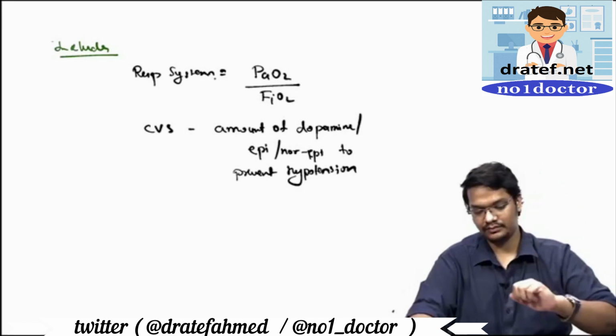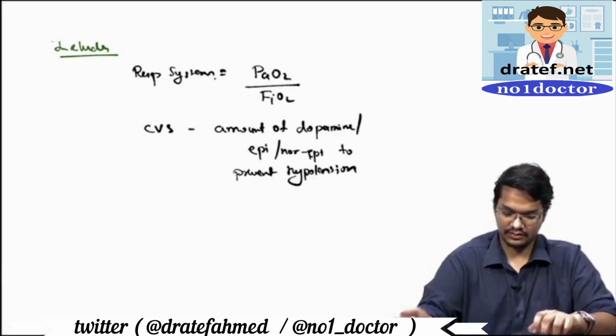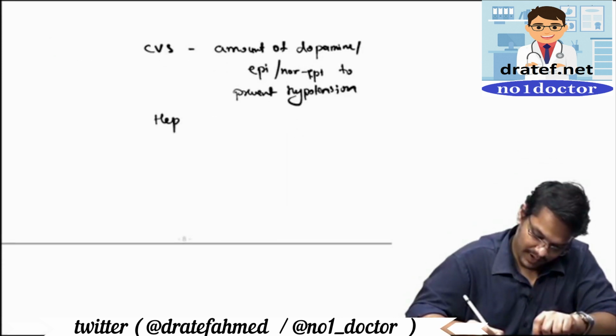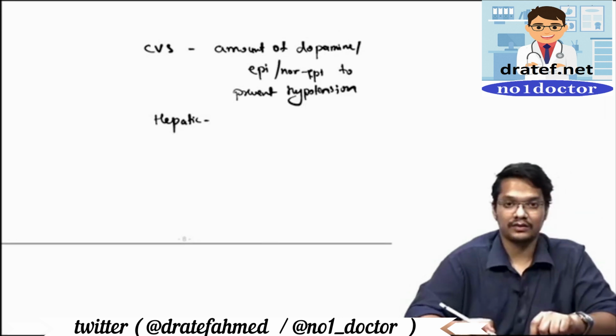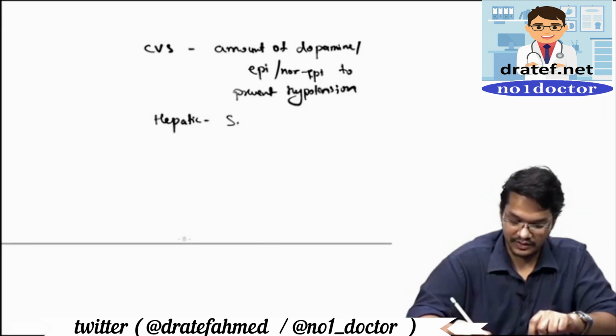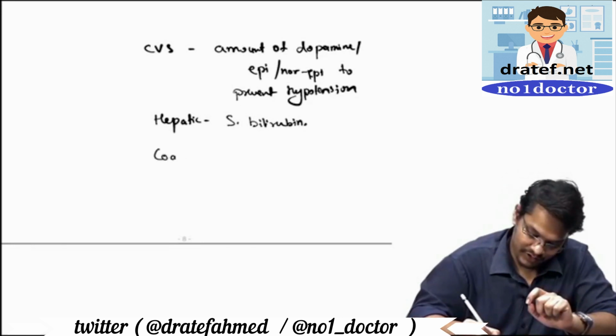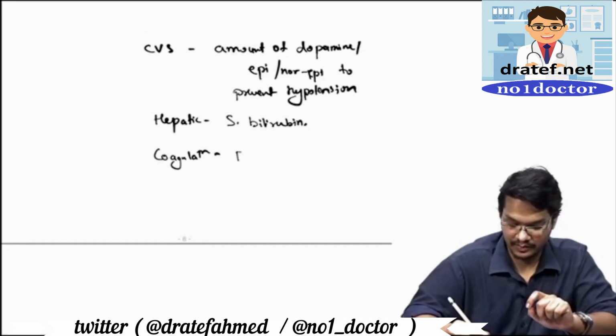Okay. Then the third, for the hepatic system, what we use is serum bilirubin. As a marker of coagulation, what we use is the platelet count.